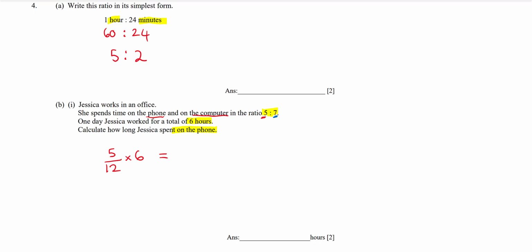So we've got 5 times 6, this is the same as 6 over 1, it's going to equal 30 over 12. 12 goes into 30 2 times with 6 remainder, so 6 over 12, and 6 over 12 is the same as 1 over 2, so our answer then is going to be 2.5 hours. Okay, so that's 4b part 1, and now we'll go and look at 4b part 2.